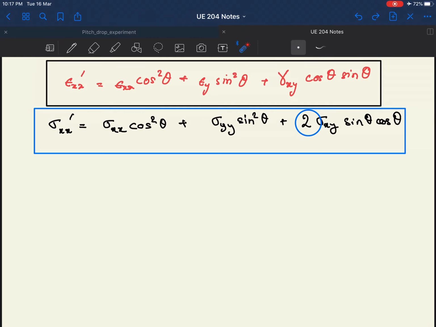This should resonate with you because this is similar to the transformation that we had already discussed, that the shear strain is written as gamma xy by 2, but when you evaluate it in the matrix, it is gamma xy by 2, right? So we already know that, and then this factor of 2 basically takes care of that.